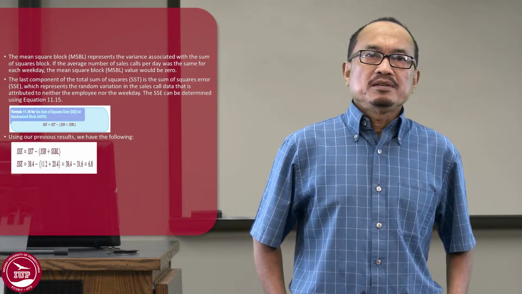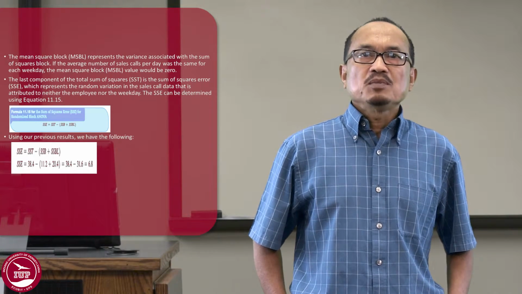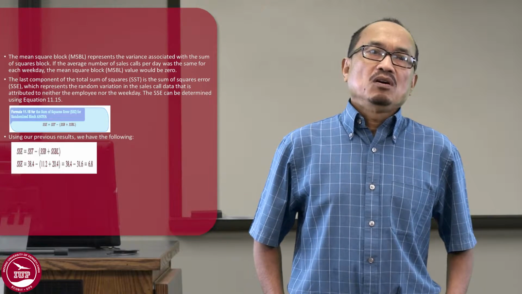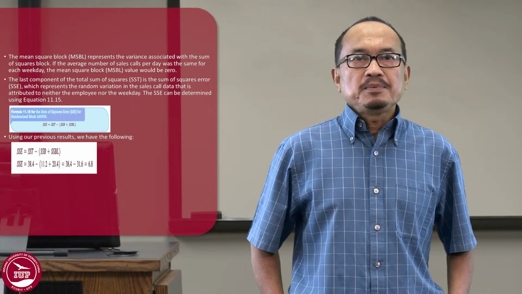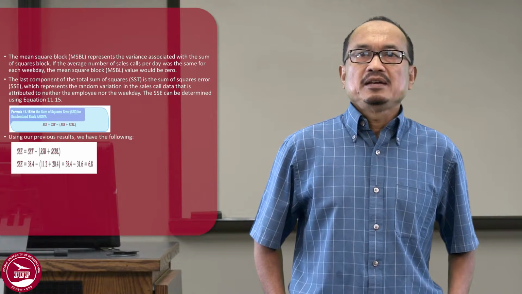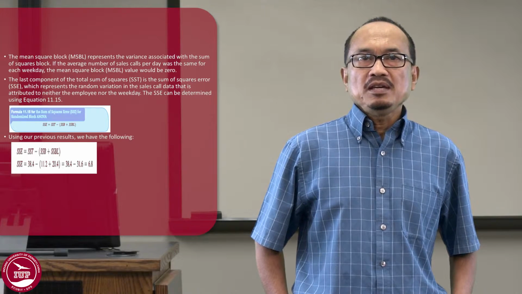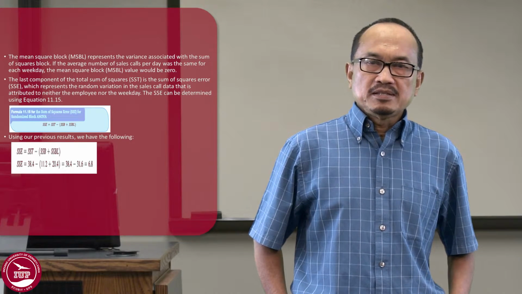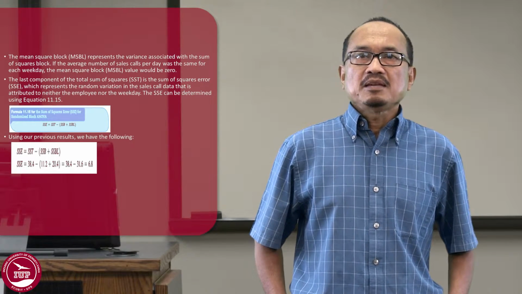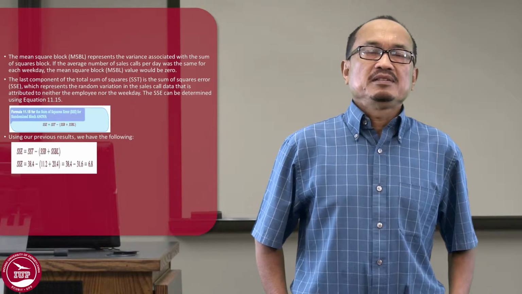The last component of the total sum of square or SST is the sum of square error or SSE, which represents the random variation in the sales call data that is attributed to neither the employee nor the weekdays. The SSE can be determined using equation 11.15.